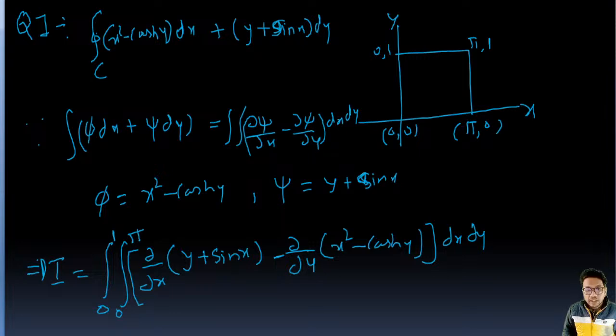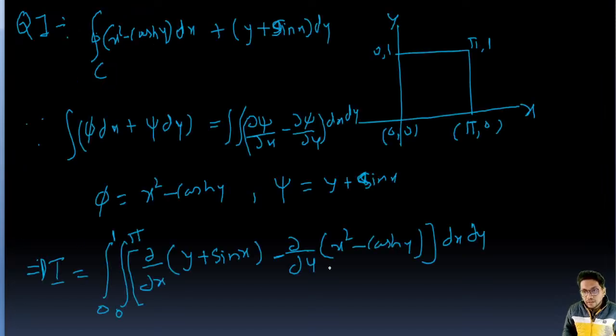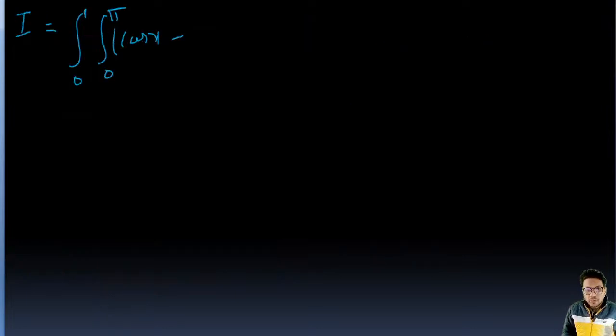Similarly, here minus this. The x square differentiation is going to be 0, it is constant. So this is going to be sine hyperbolic y. So this is minus sine hyperbolic y, dx dy.